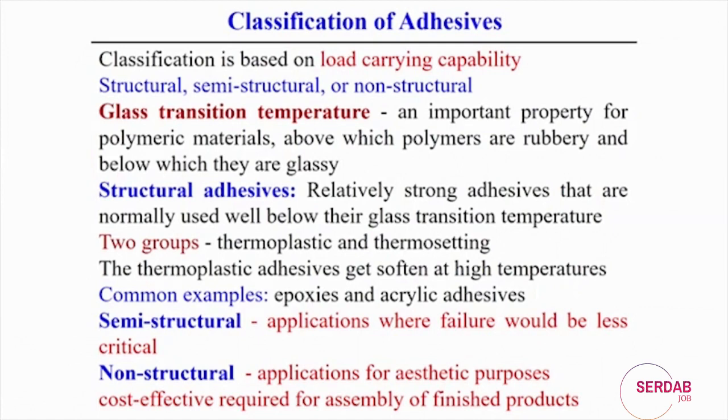So, looking at the three different types of adhesives, based on load carrying capability, structural adhesive has good load carrying capability, semi structural a little less than that, and for non structural, it is not about the load; the importance is given to the aesthetic purpose of these adhesives.